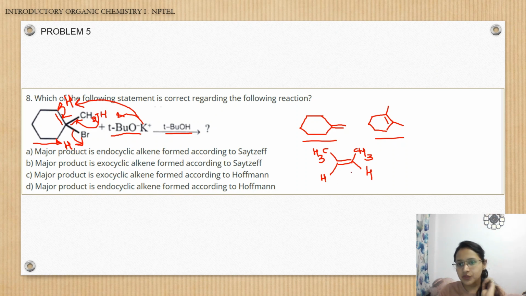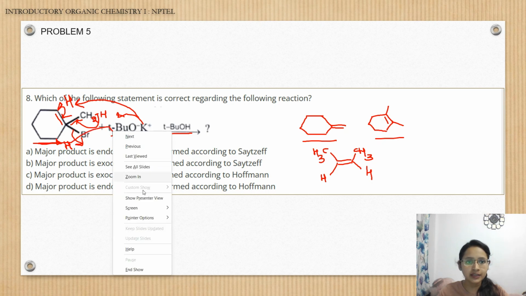So this is the substituted alkene. Now Saytzeff rule says that the alkene formation which is more substituted is feasible. So that is favorable. So here we have two possibilities in the case of this starting material.